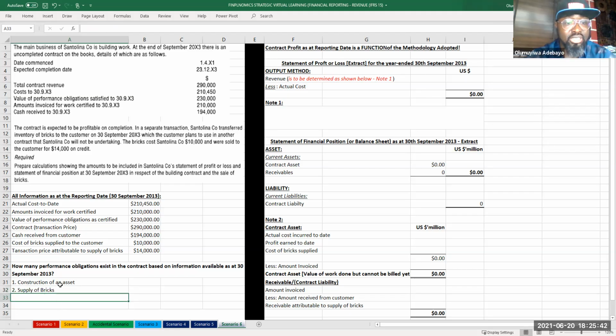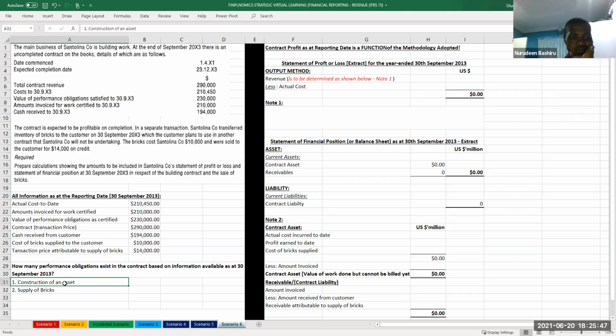Now, if you look at these two contracts, are they to be recognized at a point in time or over time, or how should we recognize them? Construction of assets. Since it takes a substantial period of time to complete and it spans more than one accounting period, how are you to recognize the revenue? Is it over time or at a point in time? It's over time.